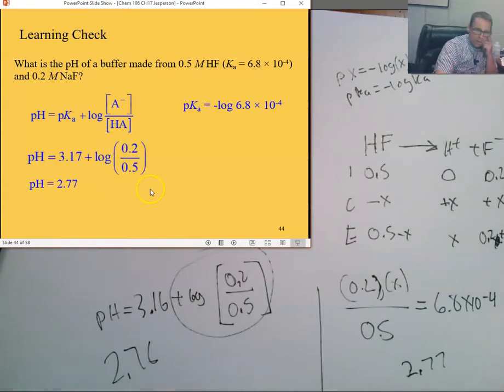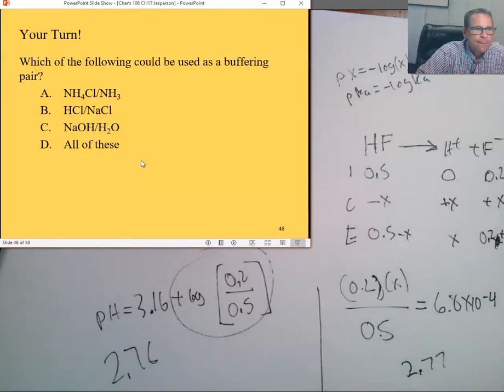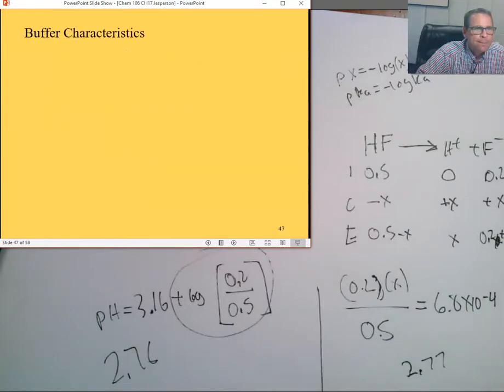We did it two ways. We did it with our ICE table over here to the right, and we did it over here with the Henderson-Hasselbalch equation. And we got the pH essentially identical. Okay. Very good. I think we have some more to practice here.